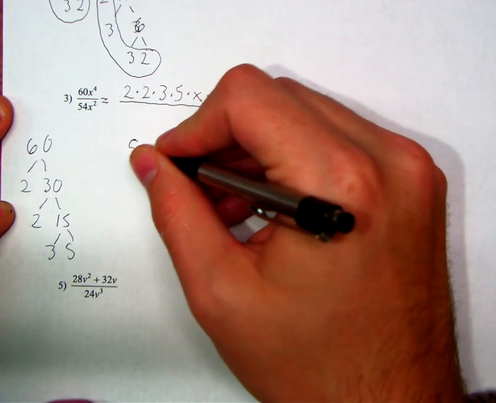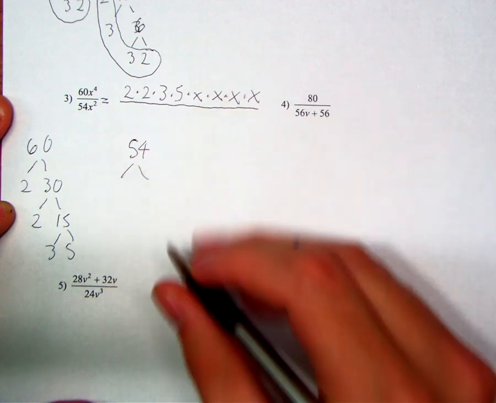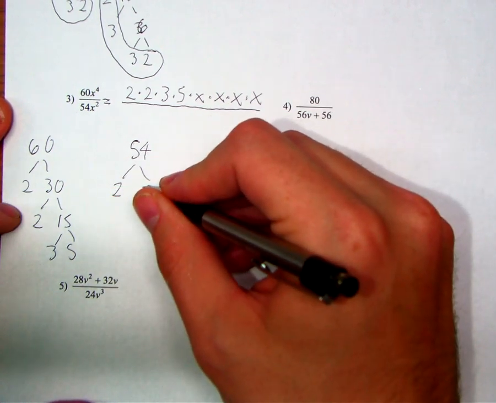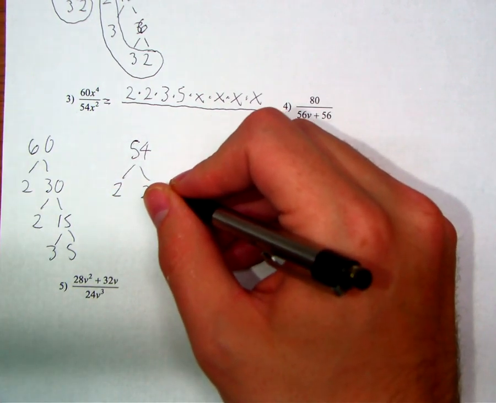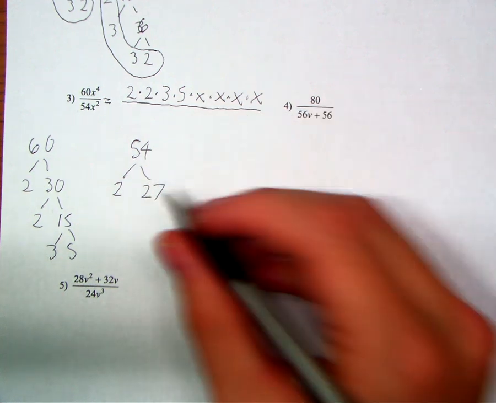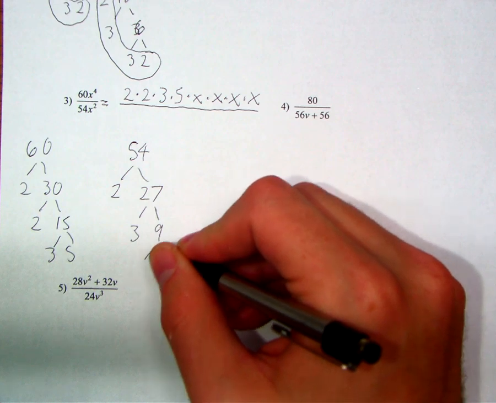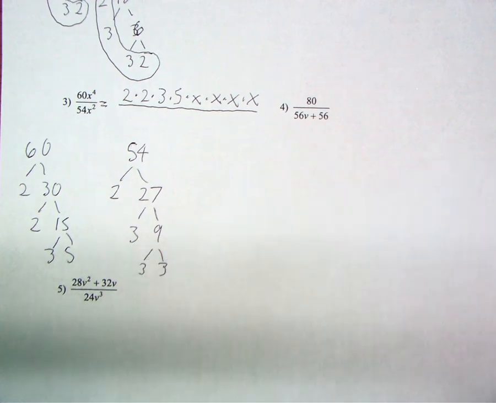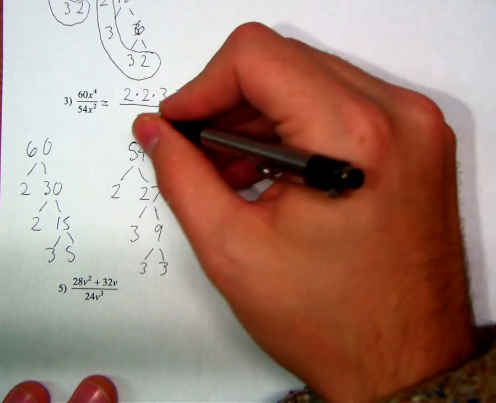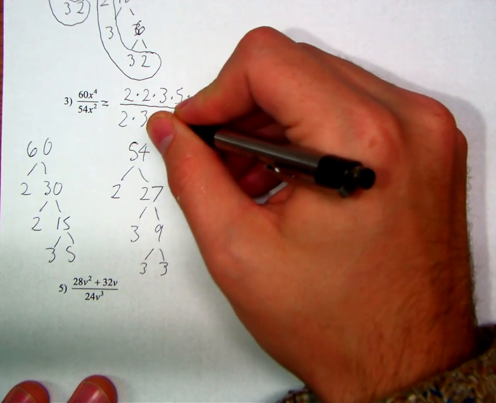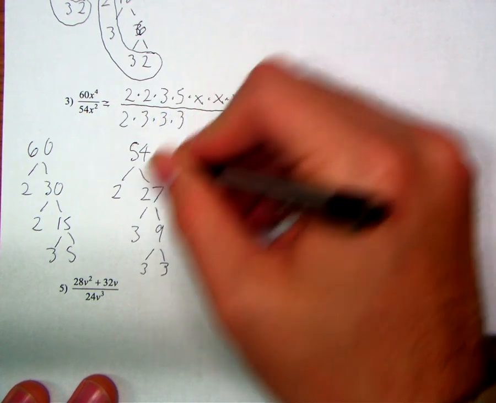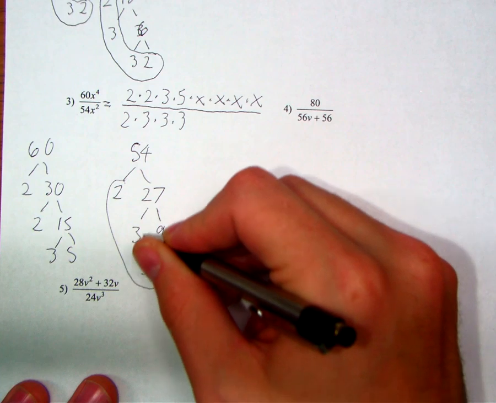54. Oh my goodness, 54 is 2 and, what, 27? 27 is 3 and 9, and 9 is 3 and 3. So 54 is 2 times 3 times 3 times 3. 2 times 3 times 3 times 3 is 54.